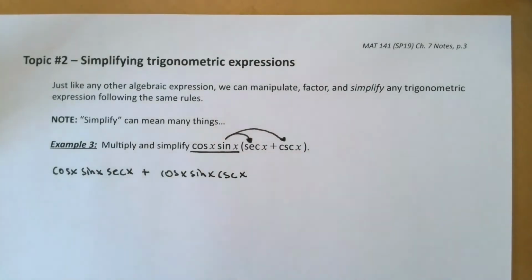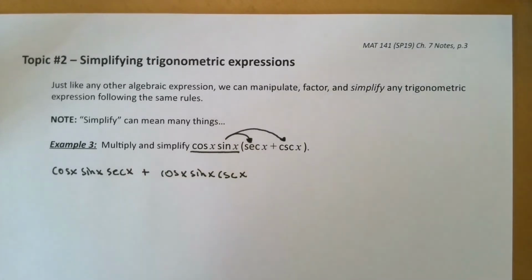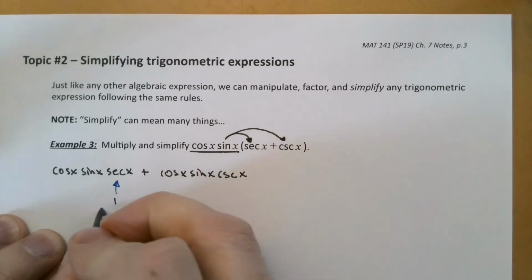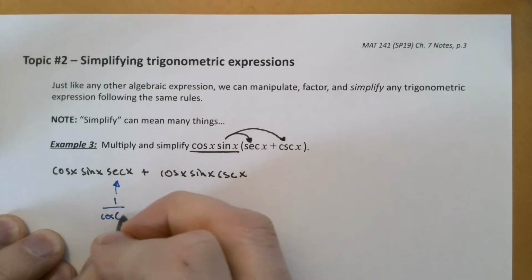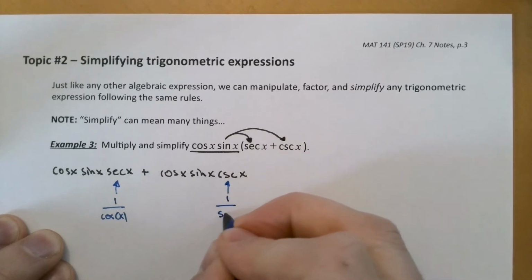Okay, so the simplification part is, maybe there's a way we can use basic identities to rewrite this in a simpler form, whatever that might mean. You might note that secant could be written as 1 over cosine, and cosecant could be written as 1 over sine.